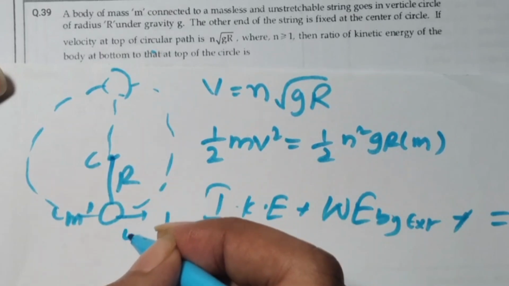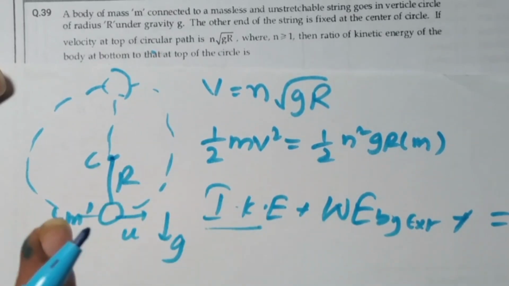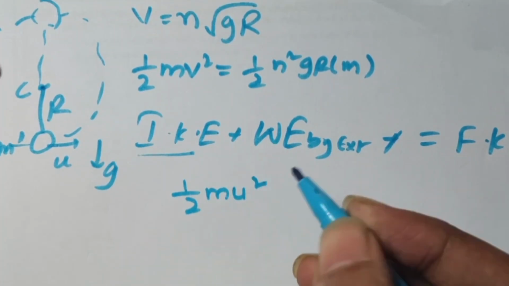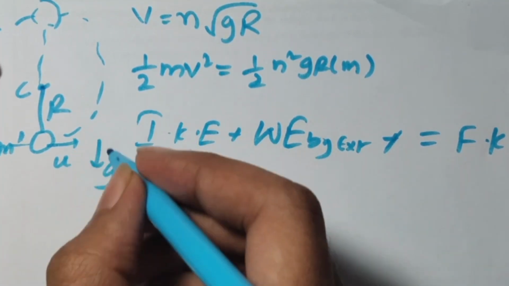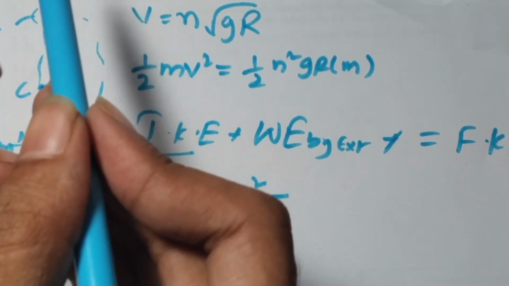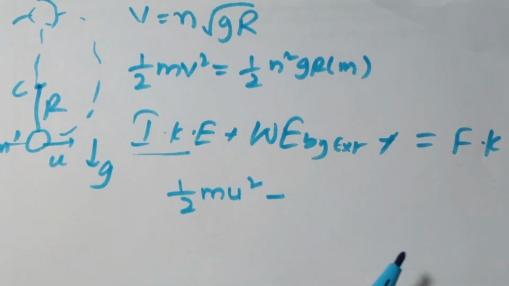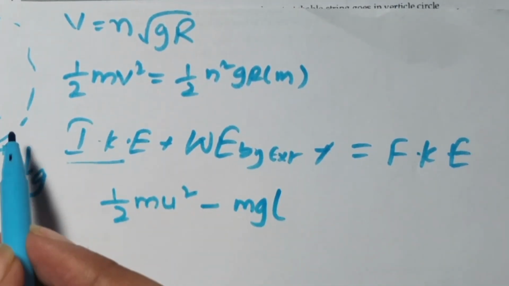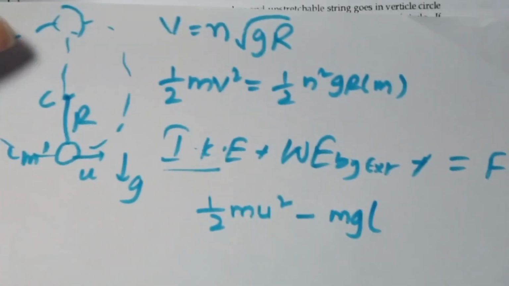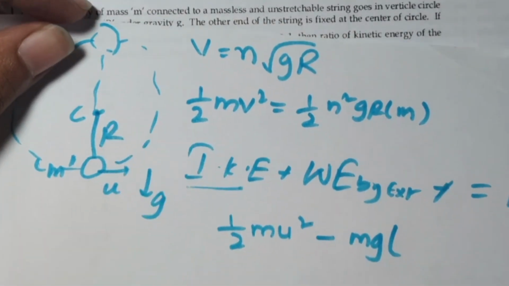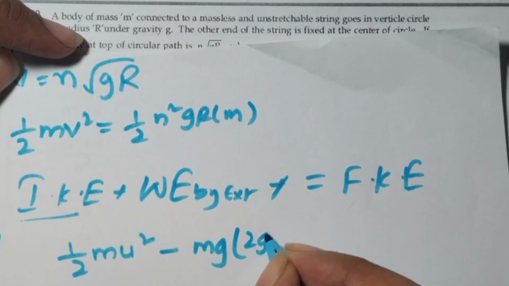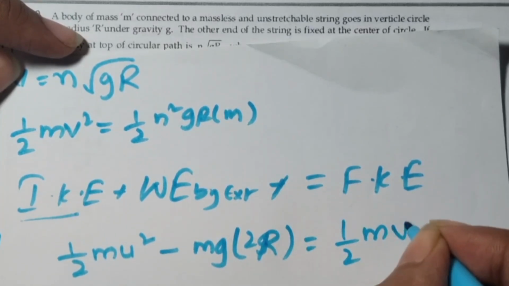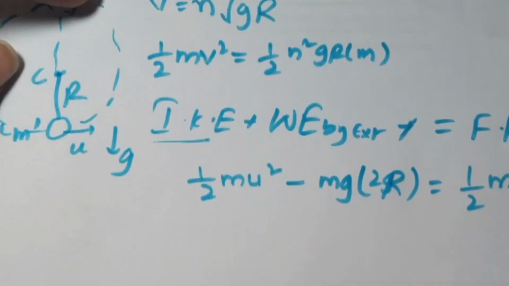Let us assume the initial velocity of this body is u. So half m u square minus m g into the distance traveled, which is r plus r, 2r, equals the final kinetic energy half m v square.